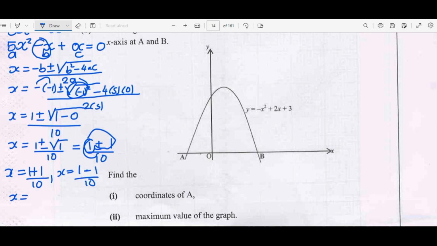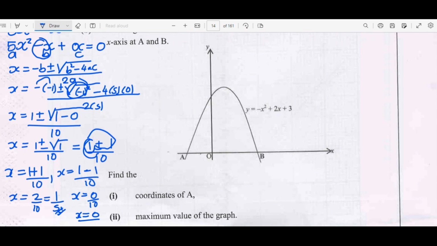So 1 plus 1 is 2 over 10. If we reduce this one, 2 into 2 is 1 over 5. So this is our first value. Then the other part is 1 minus 1 is 0 over 10. Then our final answer is 0. So these are the two values of x.